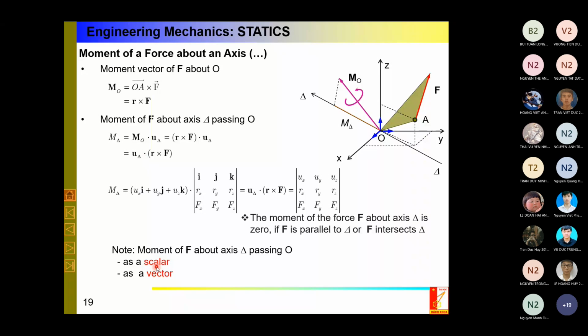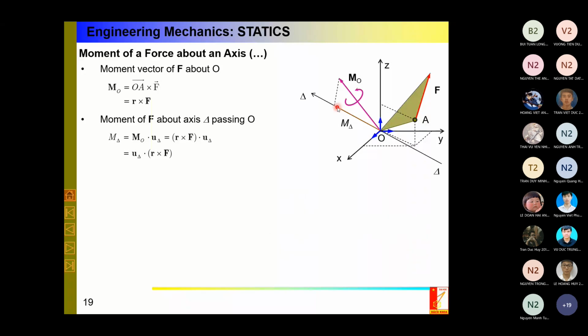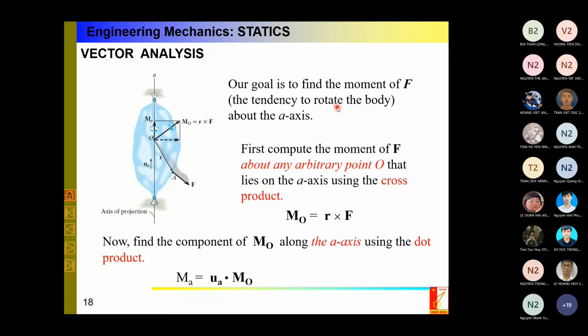However, in the English textbook, we can define this moment of force F about an axis as a vector. Why? Here, you see, I didn't draw the vector. I draw here only the projection of MO onto M delta, like a magnitude. It is like in the Vietnamese textbook. However, look at this picture. You see here that after projecting, I draw this component like a vector.